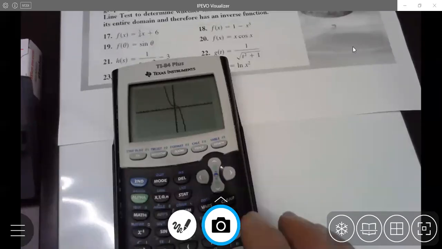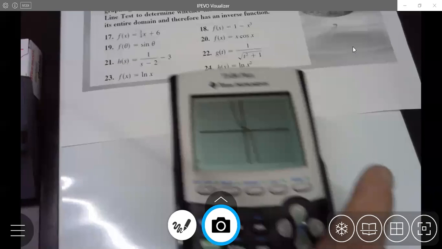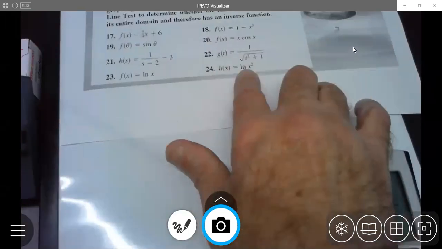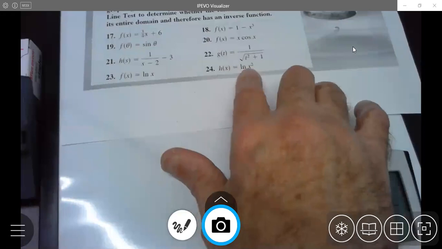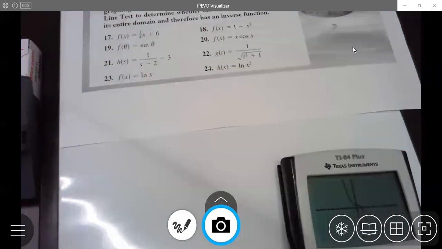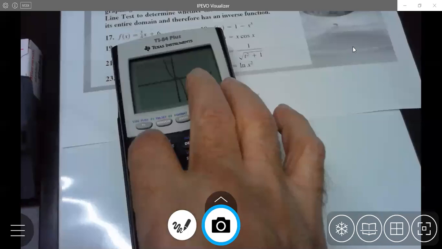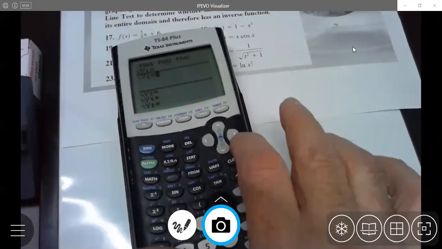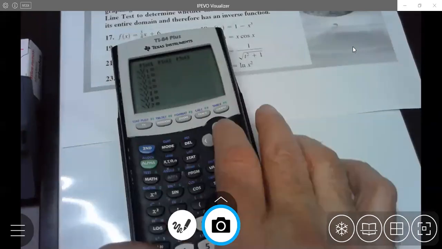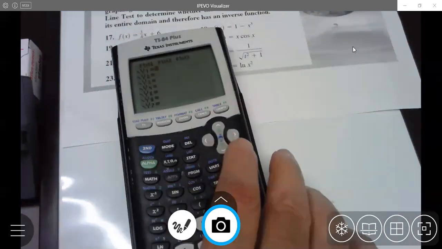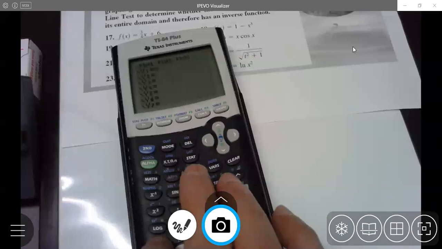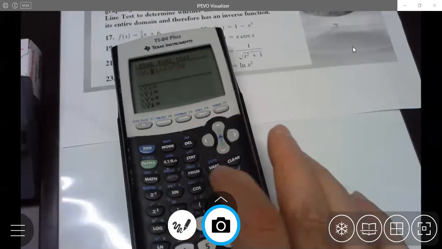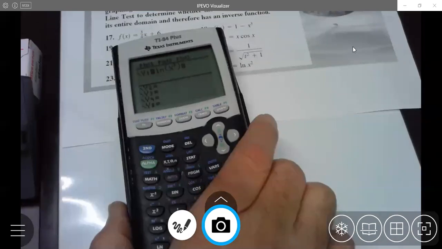Okay, let's take a look at another problem, such as problem number 24. We're going to put in the natural log of x squared. So we go back up to y1 and put in natural log, and then x squared. I always like to close the parentheses there.